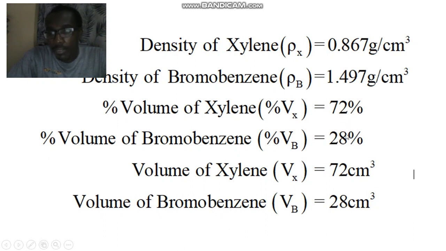When you sum up these percentages, it equals 100, which means that the total volume of the mixture is equivalent to 100 cubic centimeter. If that is the case, then the volume of xylene, which is 72%, is equivalent to 72 cubic centimeters, and the volume of bromobenzene, which is 28%, is also equivalent to 28 cubic centimeters.